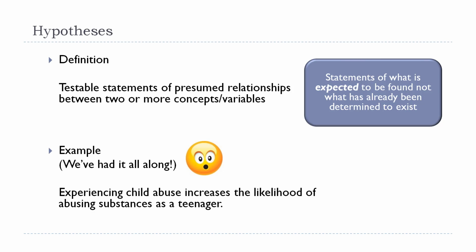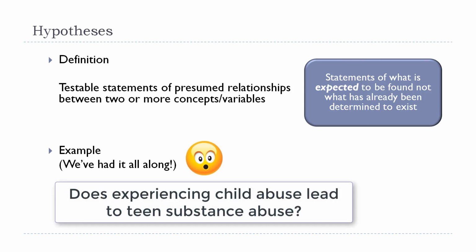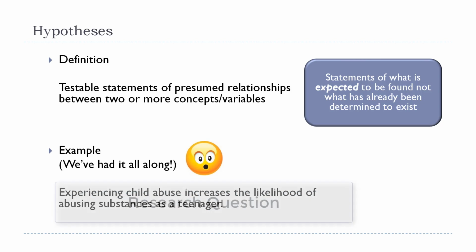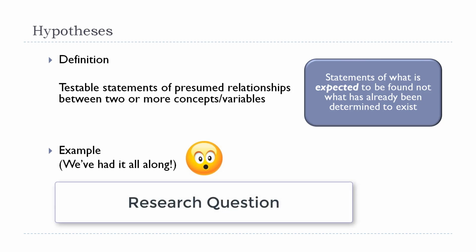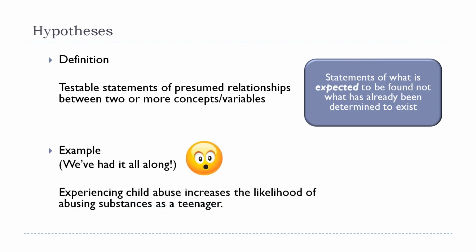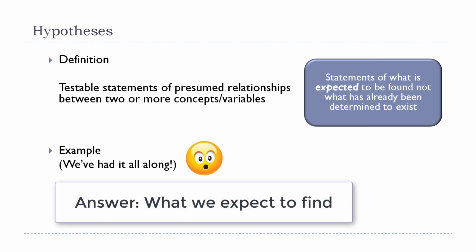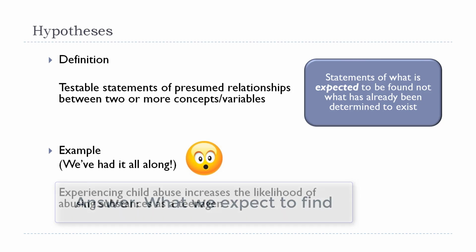Now, if we were to put this in the form of a question, like, does experiencing child abuse increase the likelihood of abusing substances as a teenager, then that would be a research question. So you can see there's a link there. The hypothesis is linked to the research question because it's sort of like our answer to the research question in terms of what we think we'll find.